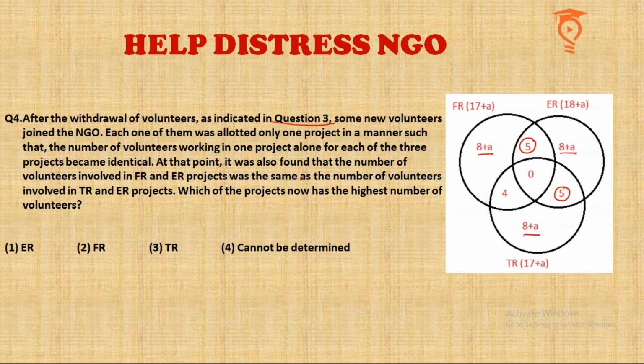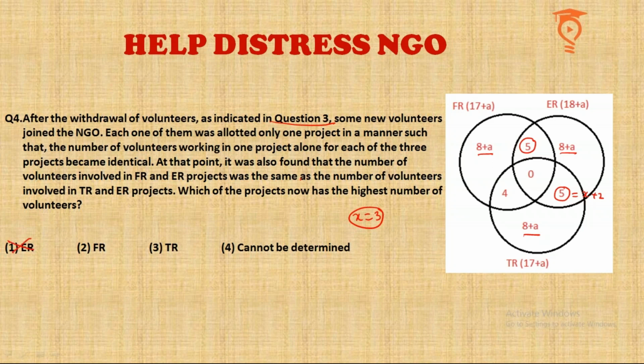So that means x has been taken as 3. तो जो बोला गया था हमने वो सब कर दिया है. उसके अकॉर्डिंग we have got the new number of volunteers working for each project. Now very conveniently it looks like ER has the maximum because it is 18 plus और बाकी दोनों तो 17 plus हैं. लेकिन हम इसका आंसर फर्स्ट ऑप्शन नहीं लगा सकते.